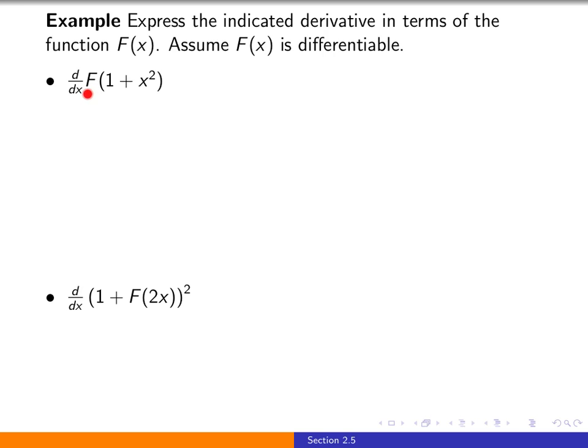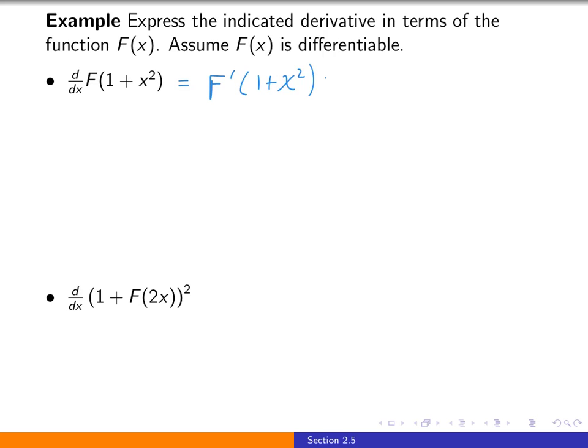You have the outside function big F, the inside function 1 plus x squared. So in words, the chain rule tells us to take the derivative of the outside, so that would be big F prime, evaluate it at the inside, 1 plus x squared, and then we multiply this by the derivative of the inside.